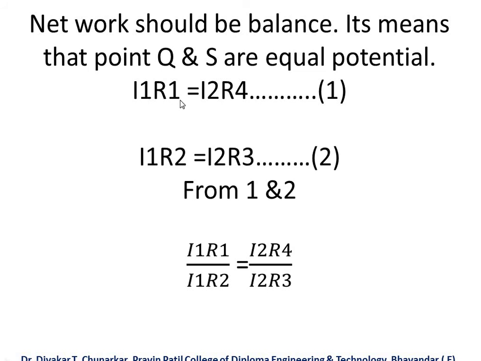I1 R1 equals I2 R4, and I1 R2 equals I2 R3. So combining these two equations, from equations 1 and 2, I1 R1 upon I1 R2 equals I2 R4 upon I2 R3.